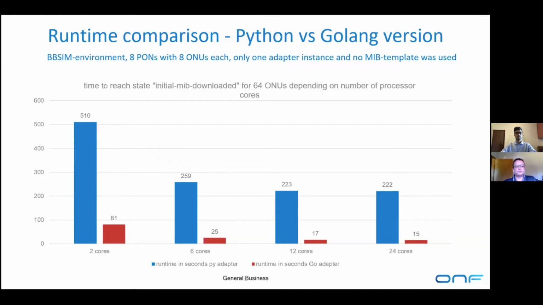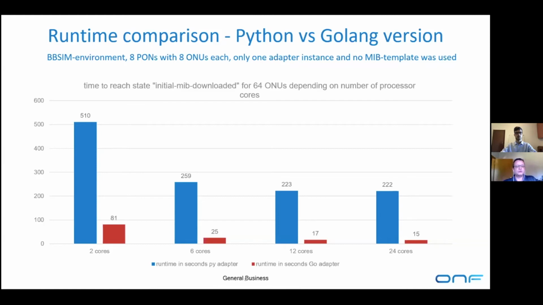In this test scenario, the BBSIM environment was used with 8 PONs and 8 ONUs each. There was only one adapter instance installed, and we did not use any MIB templates. That means the full MIB upload cycle was necessary for each of the ONUs.